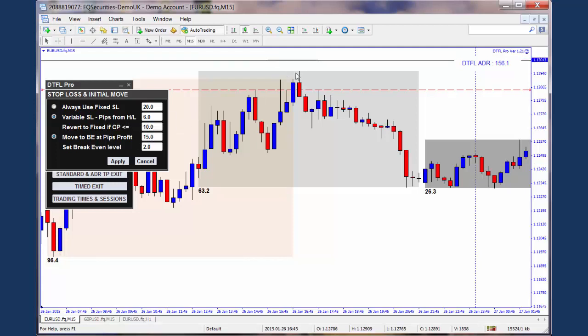And I did say that happens nearly all the time. There is a circumstance, which is this one here: revert to fixed stop loss if current price is equal to or less than this amount of pips from your proposed stop loss.